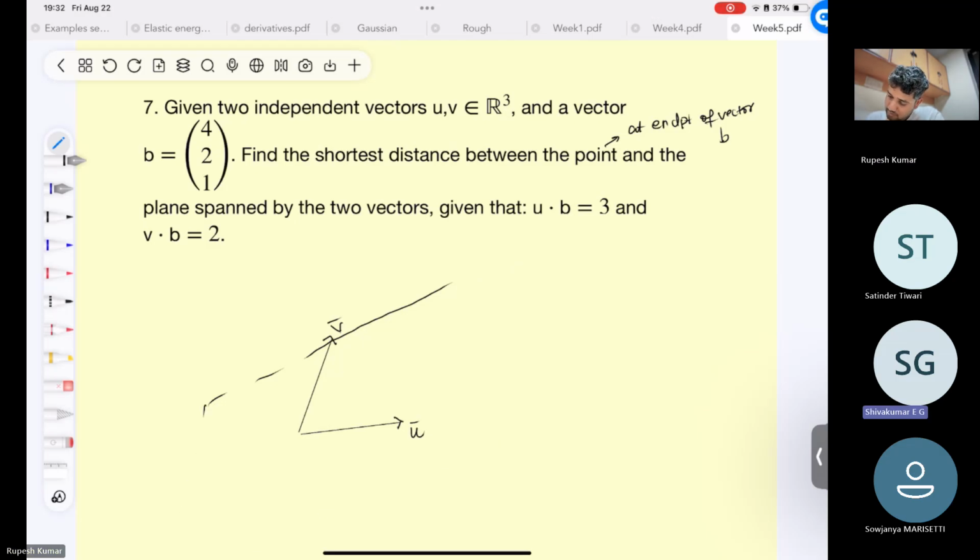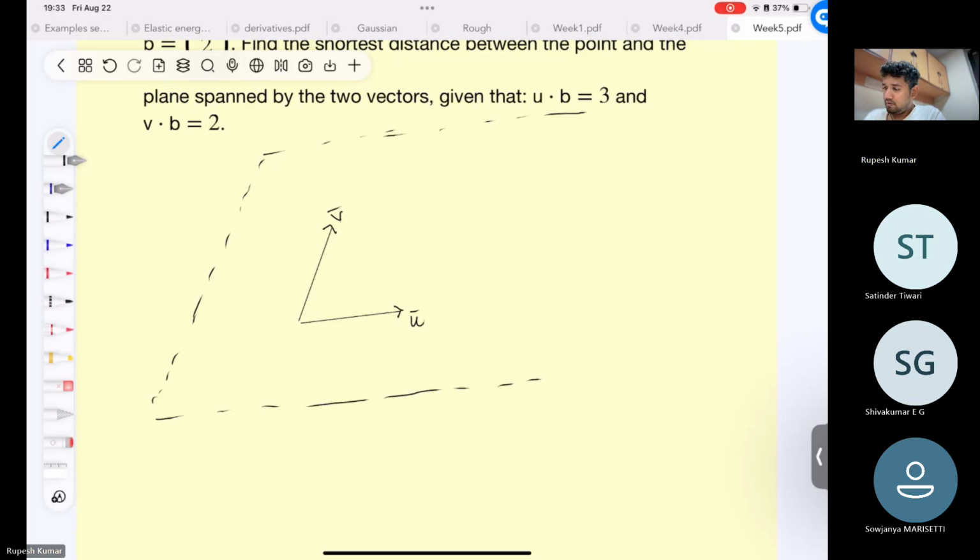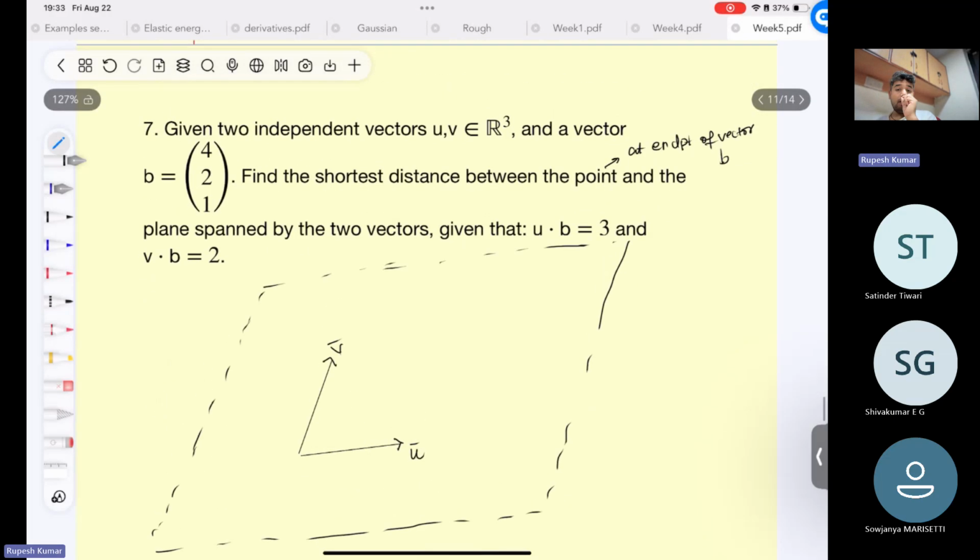So they are spanning this plane. Now we have a vector.